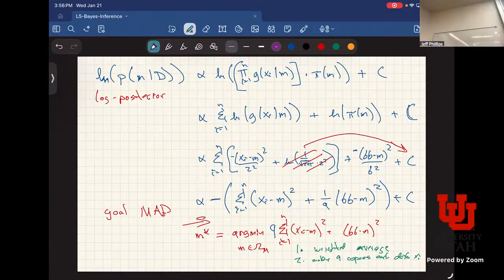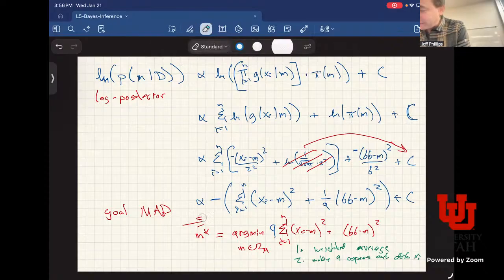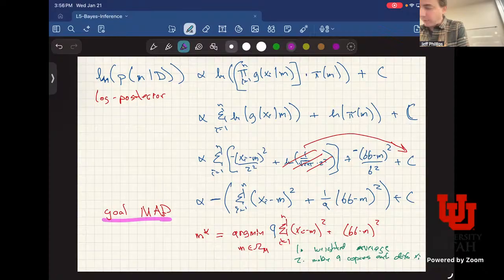Sometimes it's called a regularization term, where you regularize your solution to be more like something you want it to be, maybe sparse or some other stuff. This is the goal of the MAP estimate.